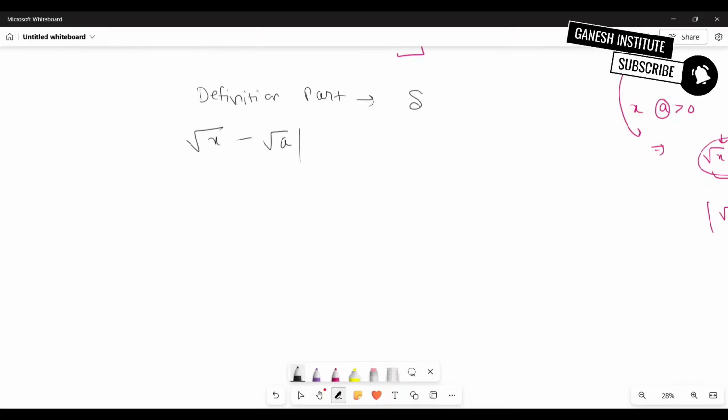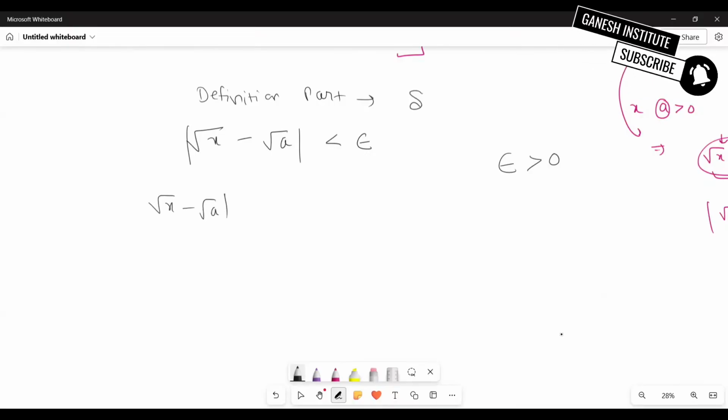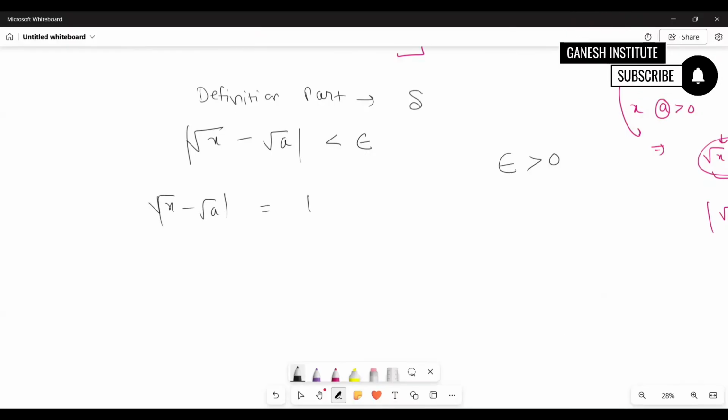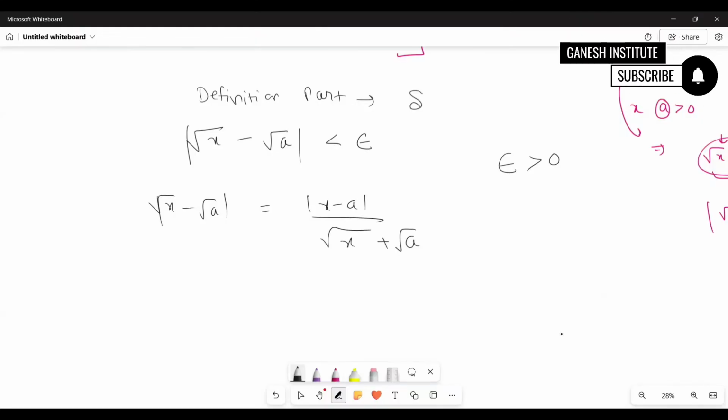And its absolute value, the positive value, is also less than epsilon. If its absolute value is less than epsilon, that means epsilon is definitely going to be greater than 0, right? Now you have that conjugate value, which is root x minus root a is equal to x minus a upon root x plus root a, right?